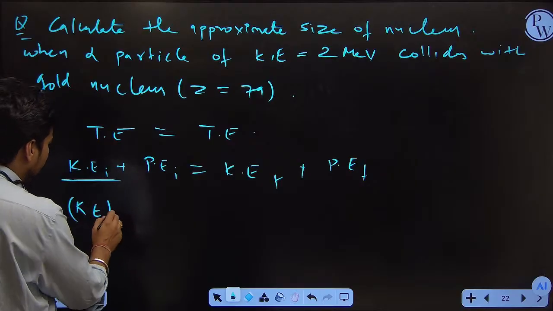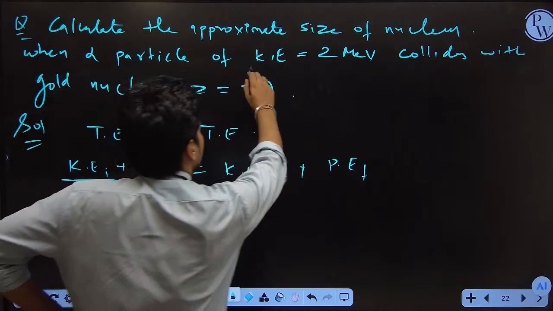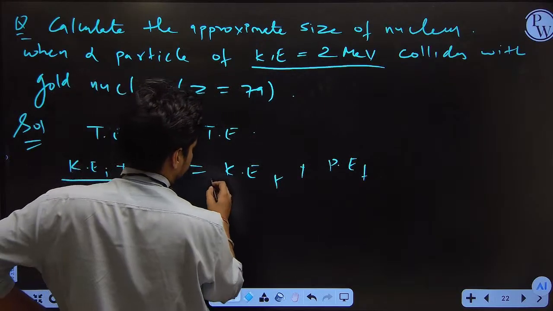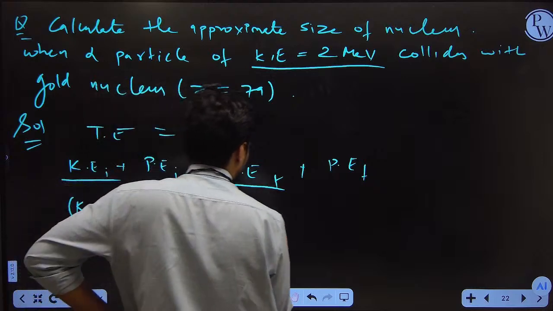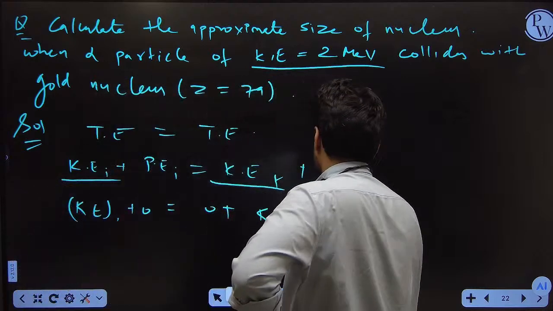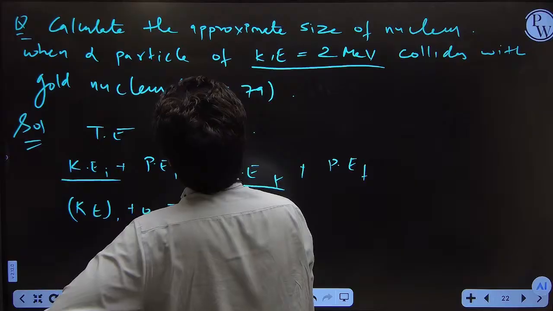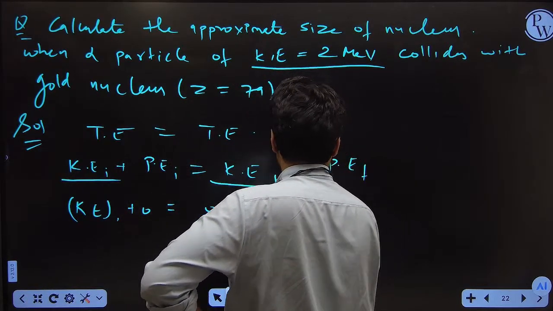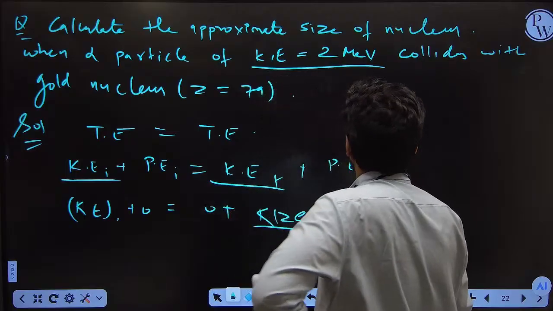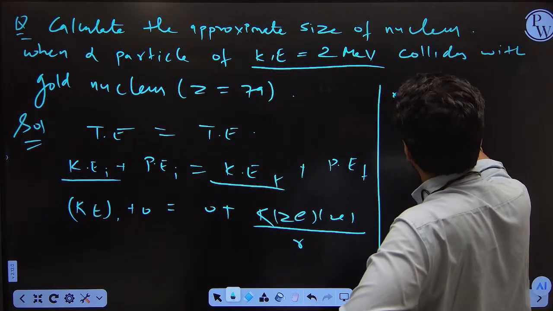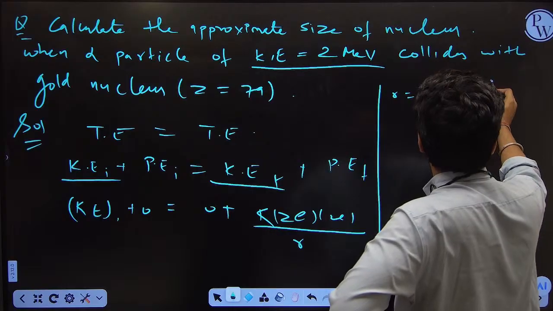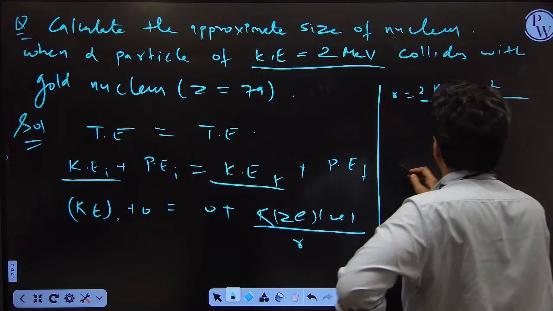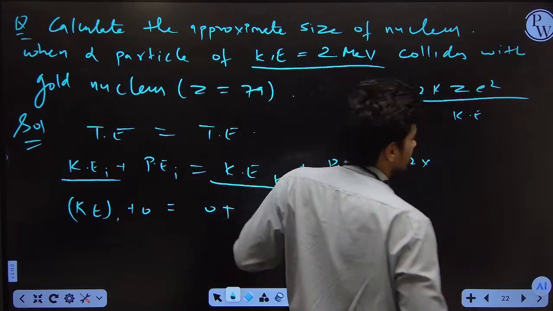The value is directly given. So this will be 0. This will be kze, alpha particle, so ze times 2e by r. So r will be 2kze square divided by kinetic energy. So how much is this? 2 k value is how much?